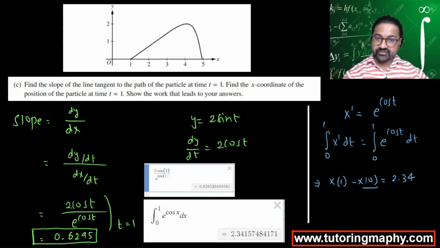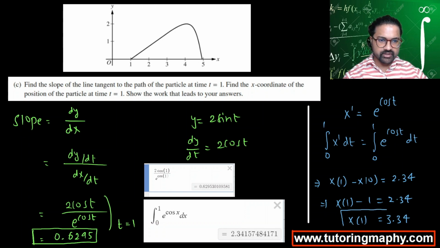And the value of x at 0, like I already said, is 1. So x of 1 minus 1 is 2.34, and all we have to do is add 1 to both sides. So you're going to end up with 3.34 as the value of x of 1.